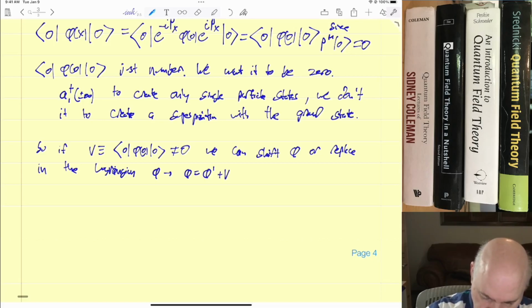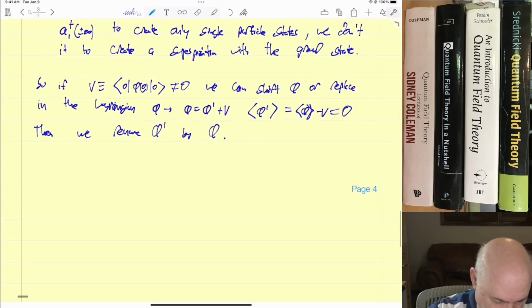And then the expectation value of phi prime is equal to the expectation of phi minus v, which is equal to 0. Okay, and then we rename phi prime as phi. So now we satisfy what we want: the vacuum expectation value of the field is 0. And this is sort of the beginning, in a trivial way, of renormalization.